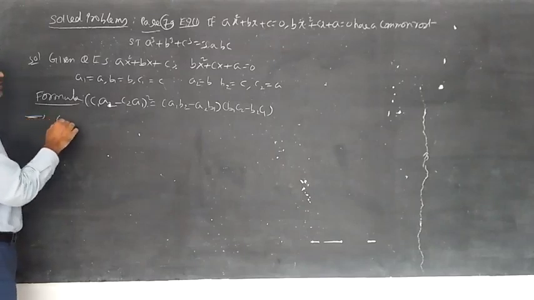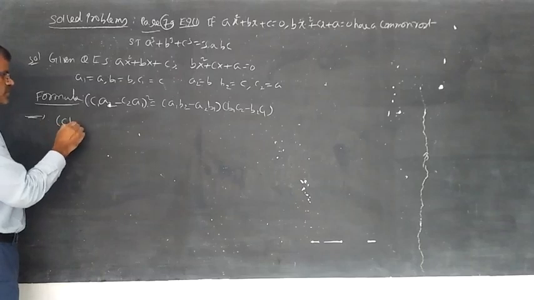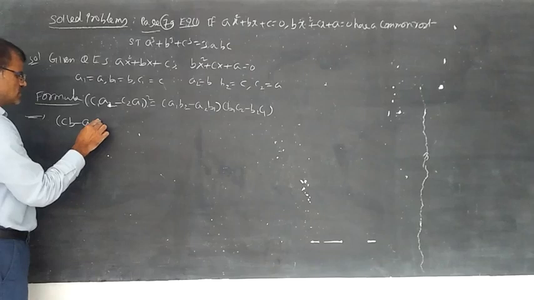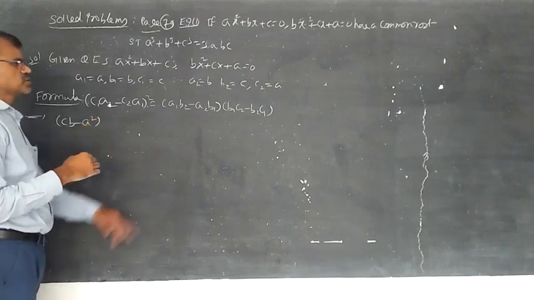Apply the formula. C1 a2, what is c1? C. What is a2? B. So cb minus c2 a1, c2 is a and a1 is also a, simply you can write a square.